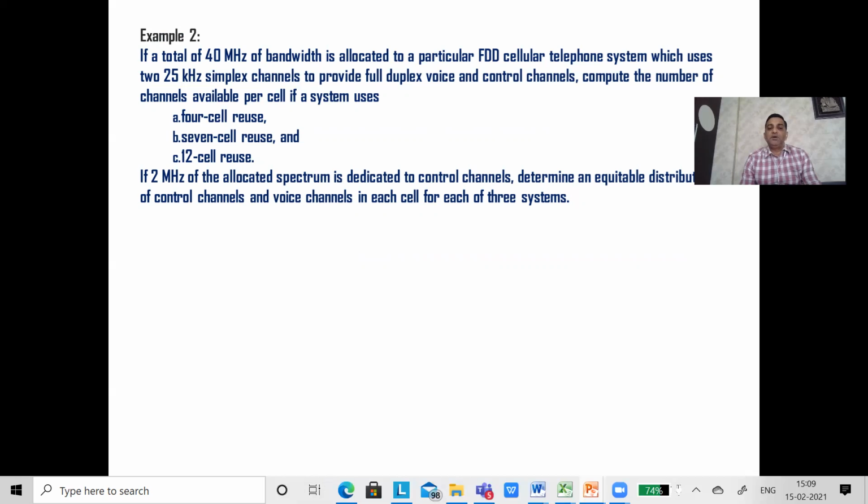If 2 megahertz of allocated spectrum is dedicated to control channels, determine the equitable distribution of control channels and voice channels in each cell for each of the 3 systems. So the concept that we used in the earlier example, if we solve on that same basis, we will be able to get the solution like this.